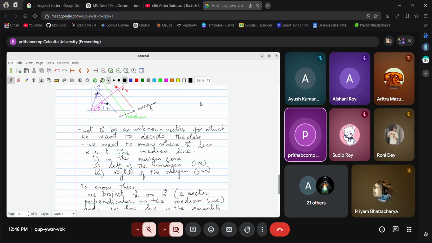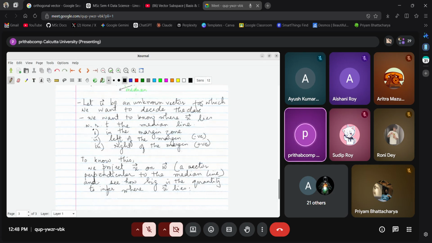So how big is this C? The projection of U unknown vector onto this normal vector. So depending on this value of C, I can decide whether it is to the left of this blue boundary, within the margin from blue boundary to the red boundary, or it is beyond the red boundary.